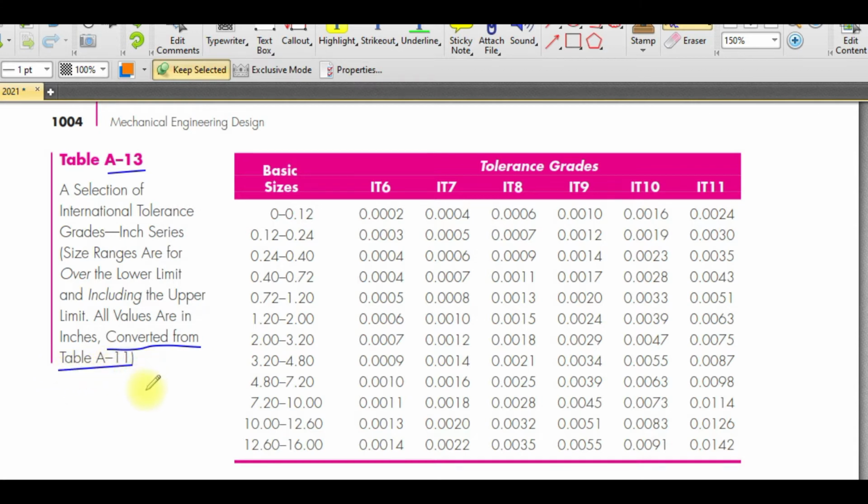You see here, converted from table A11. Why? Because it is in inches now. The table A11 was in millimeters. So now the basic sizes are in inches. So our basic size is 2 inches.